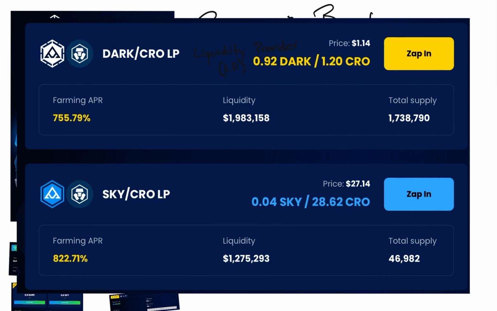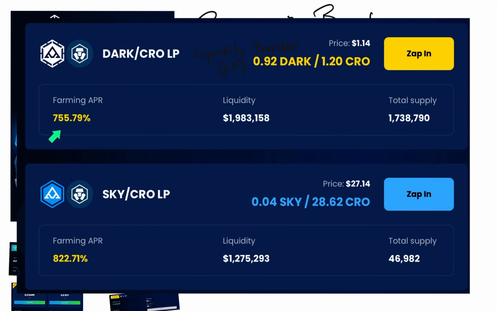Now, once you do that, another prompt will pop up asking you if you want to deposit it into the bank. So you'll actually have to approve twice, once to create the LP tokens and a second time to add them into the pool, into the bank.